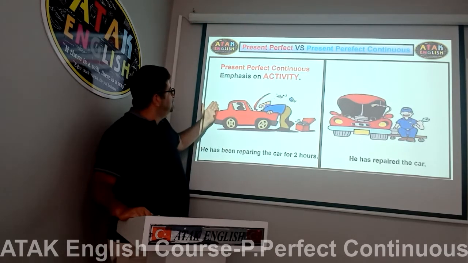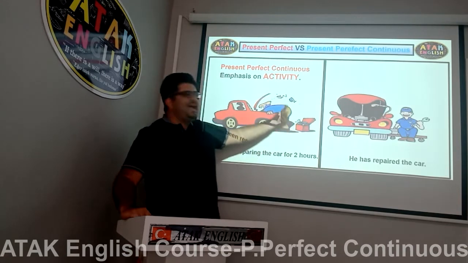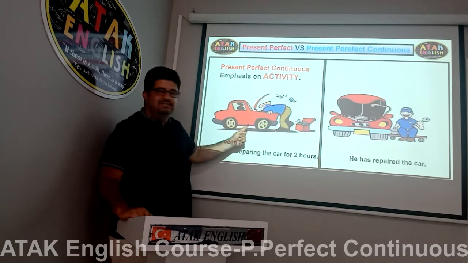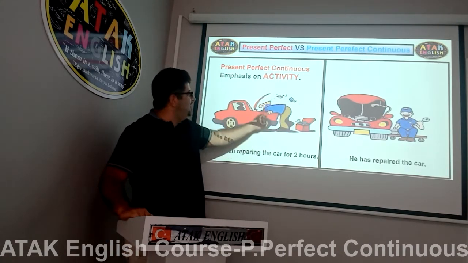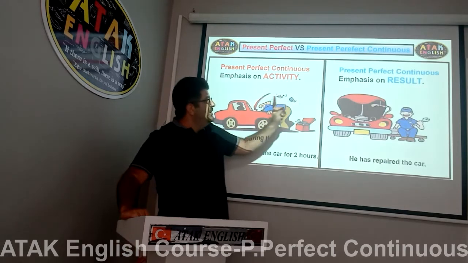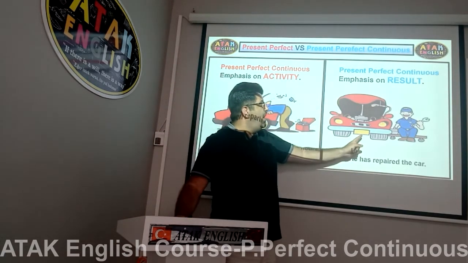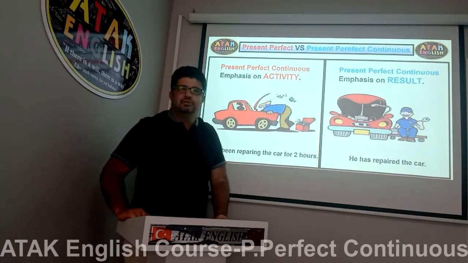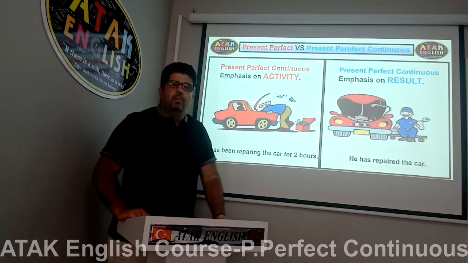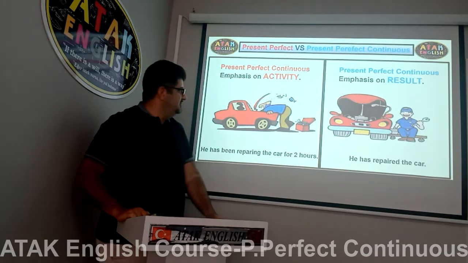Here, present perfect continuous, emphasis on the activity. What is the activity? Repairing the car is the activity. But here, present perfect, emphasis on result. So what they emphasize is different.